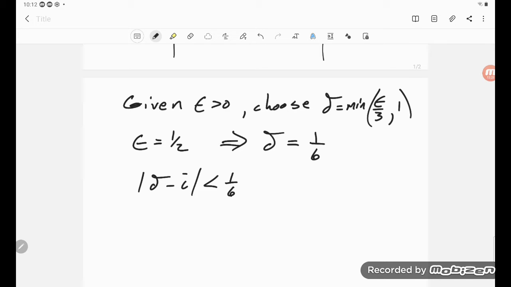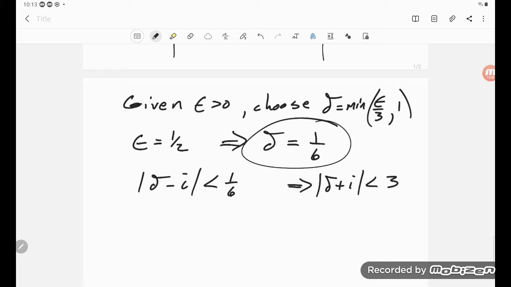Okay. But what I know then is if this is true, that implies that the absolute value of z plus i is less than 3. Now, actually, it's even smaller than that. But all I really needed was, because |z minus i| is smaller than 1, I know that the absolute value of z plus i is smaller than 3.